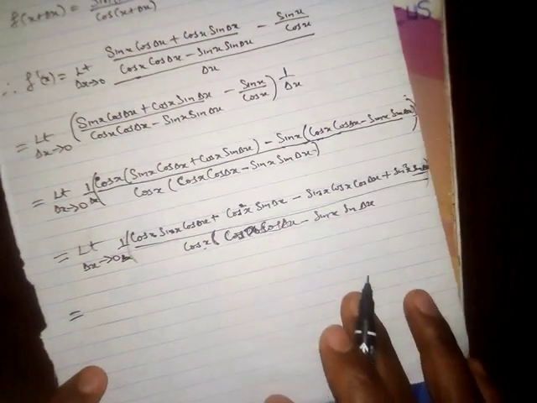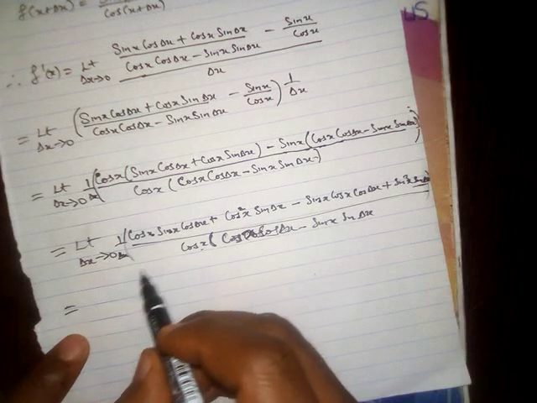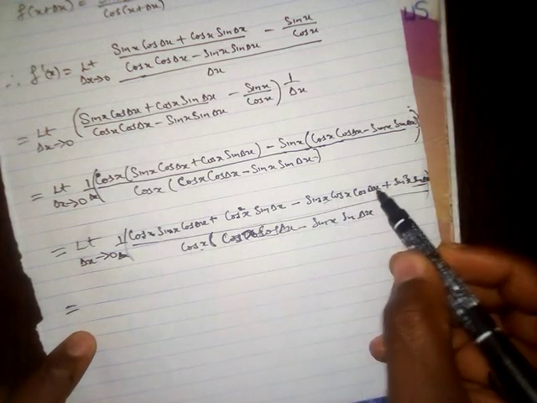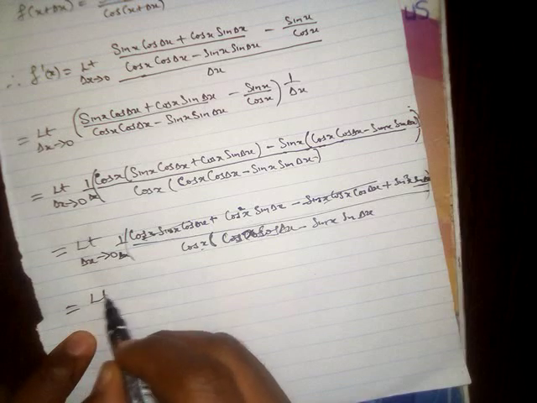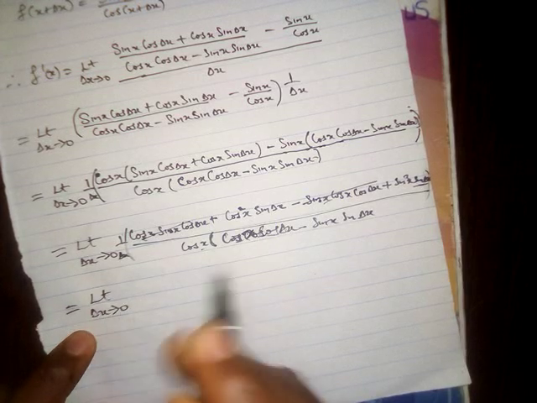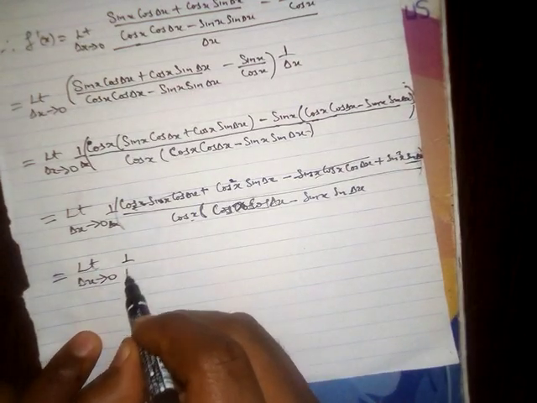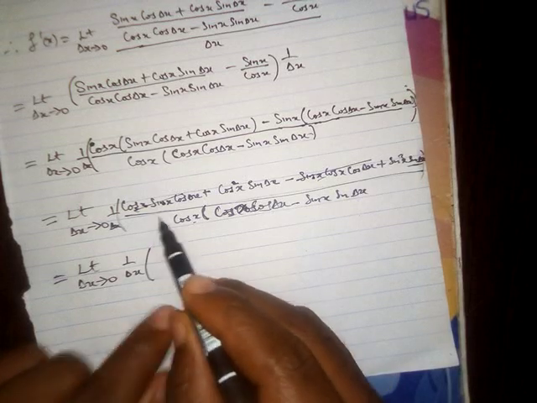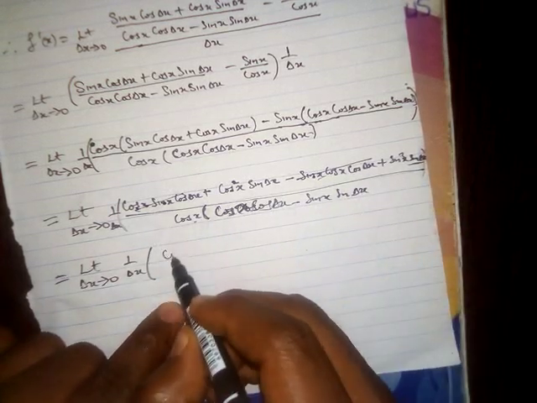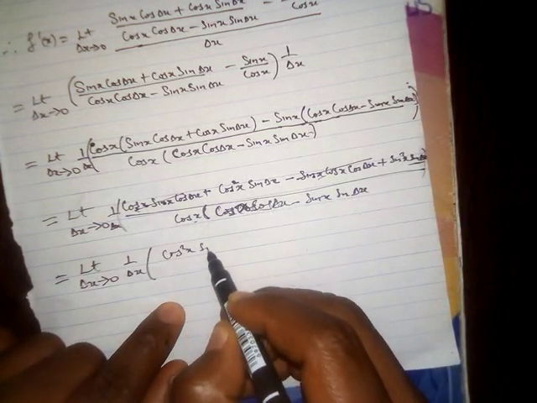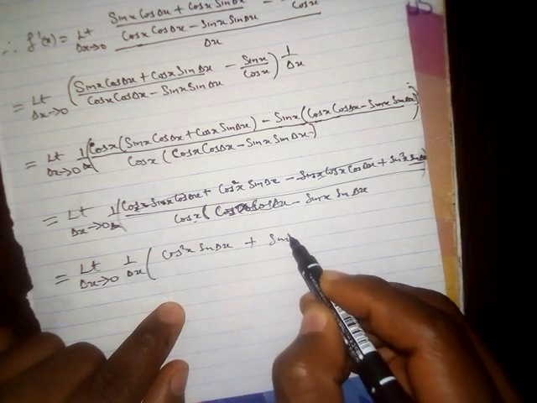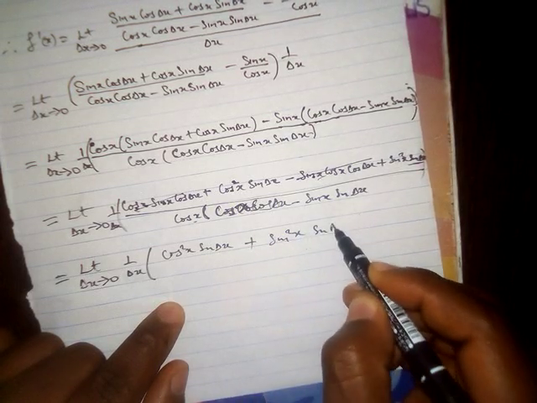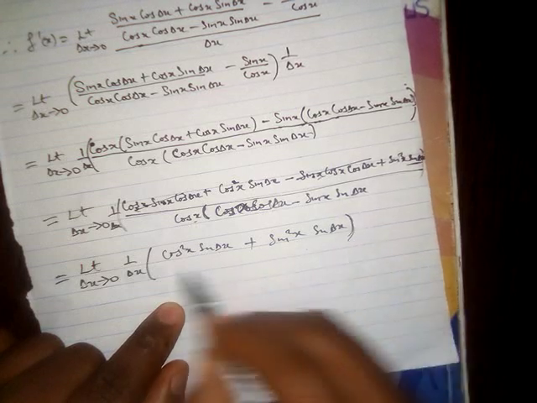This is equal to, okay, this and this are the same, so removing this will be 0. So this will be the limit as change in x approaches 0. We have 1 over change in x into, now since this is 0, we are left with cos square x sine change in x, okay, plus sine square x sine change in x, all over.